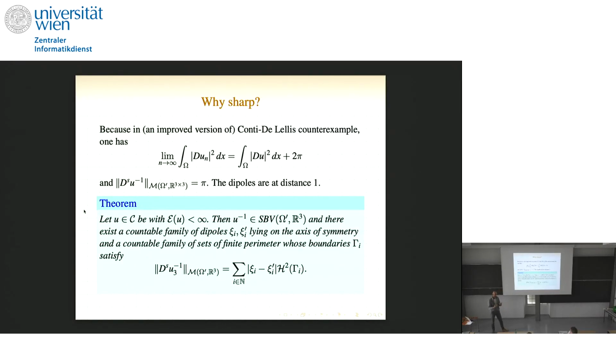You have to show that your minimizer in the larger space is still regular enough, so I have no concentration in the inverse, and so it's a solution of the original problem. Well, it's easier to work with objects that are in SBV, because with the counterpart it's a really big mess, and with this energy there is a nice description like this.